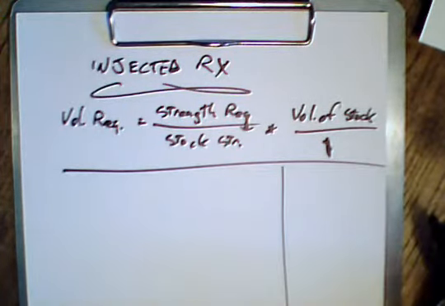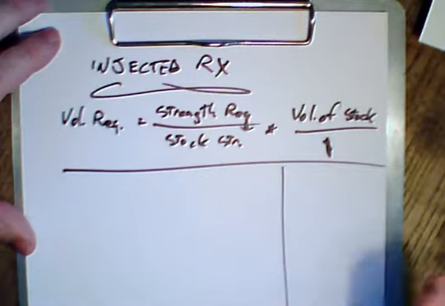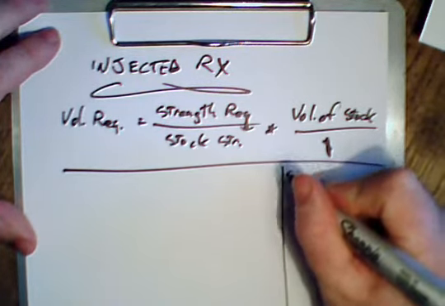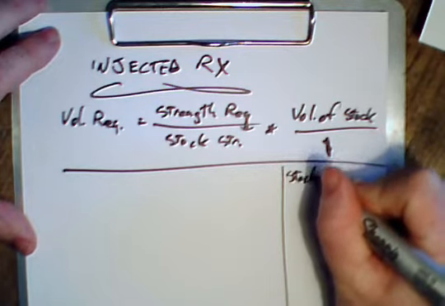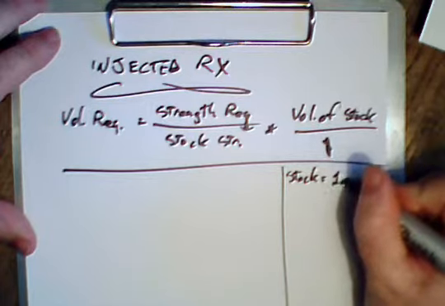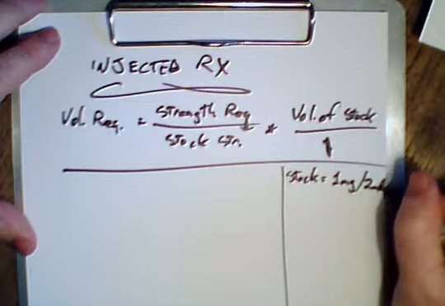Now when you're given the actual strength of the stock, we're going to use the columns because quite frankly that is the best way to go about things. So we put down stock equals, let's say in this case it's 1 milligram per 2 milliliters.